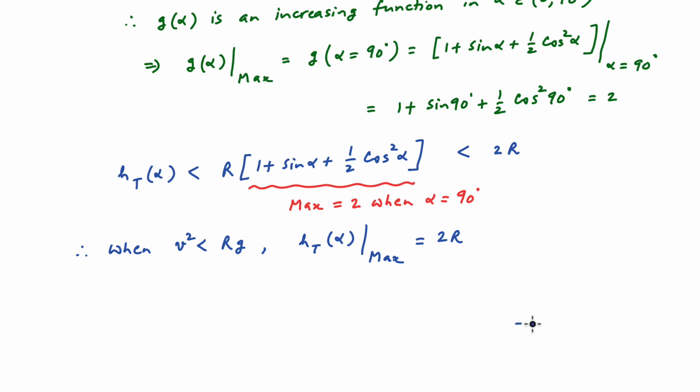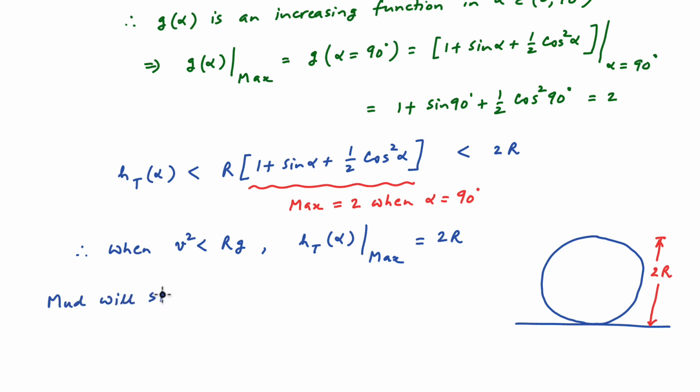Again, in physical terms, what this means is that you have a wheel on the horizontal ground. The top of the wheel is at a height of 2R above the ground. And so it means that the mud splash will stay below the wheel when v square is less than rg.